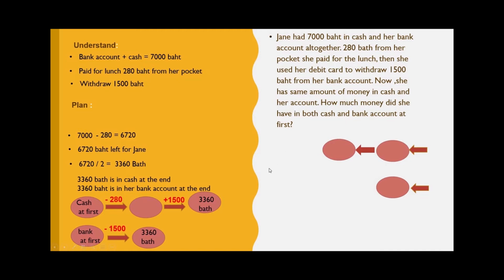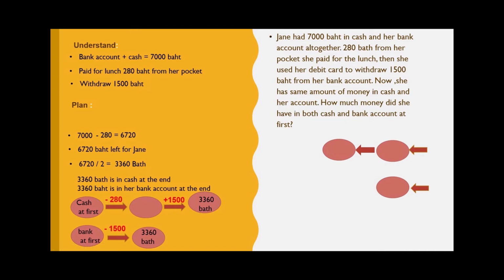Now we need to answer the question, how much money did she have in both cash and bank account at first? For solving this problem, again, we need to move backward. So now she has 3,360 in her pocket, right?